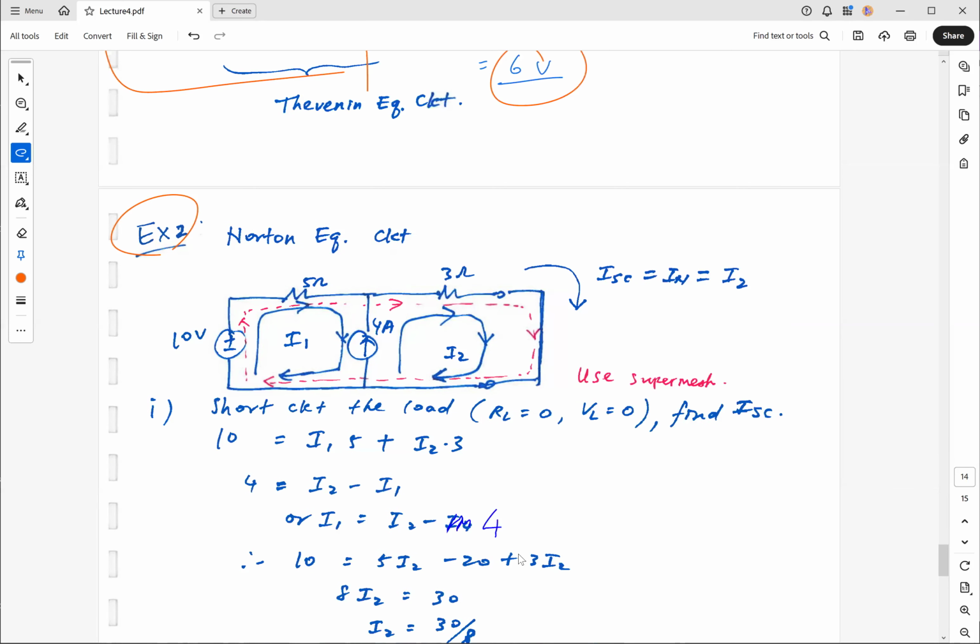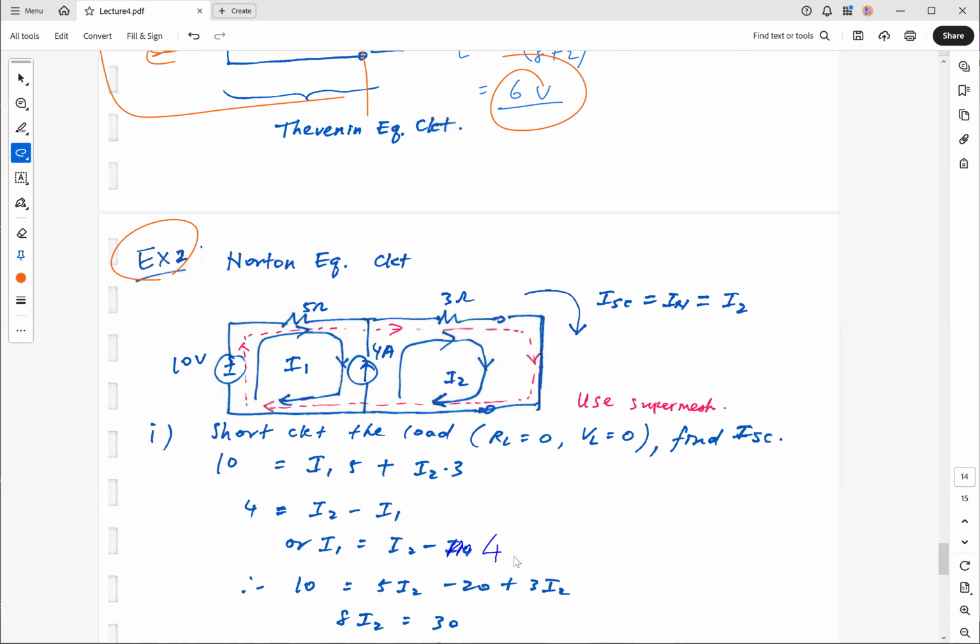We remember that the Norton equivalent circuit configuration looks something like this. This is RL, and this is RN, and this is IN, which is the same as ISC, where ISC stands for short circuit current, or Norton current.